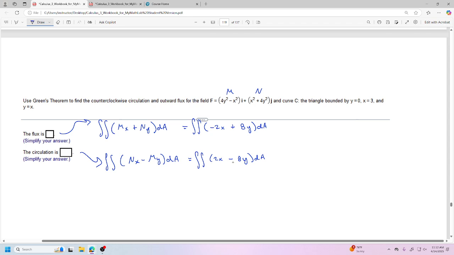So you get to choose, top or bottom. Which one would you rather me do? Because obviously they're the same answer essentially. So top or bottom? Top one, let's do it. So I want the double integral of this guy here. And I need to do dx dy or dy dx or something like that.